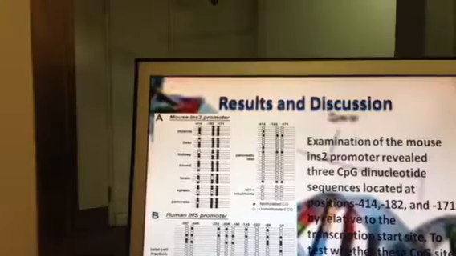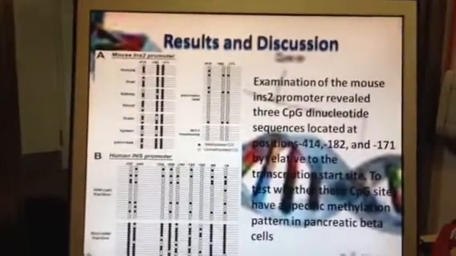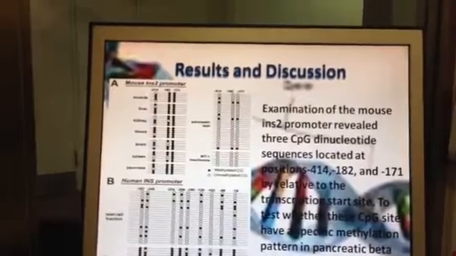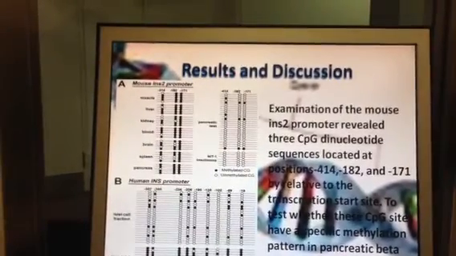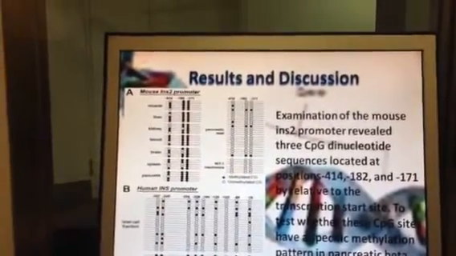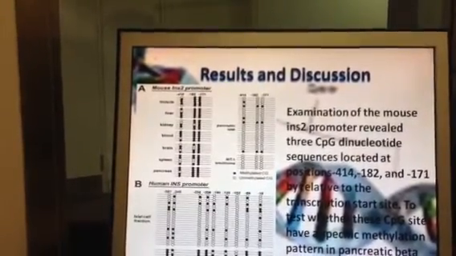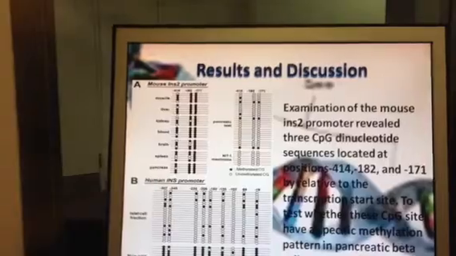In non-insulin expressing cells, some or all of these sites are methylated, whereas in insulin expressing cells, they are completely demethylated.